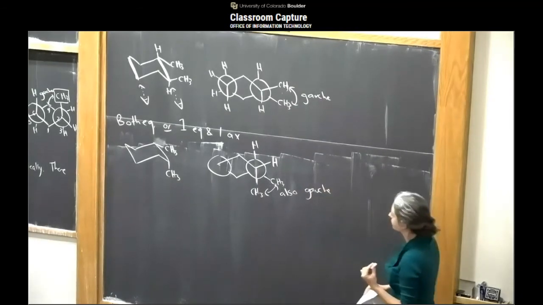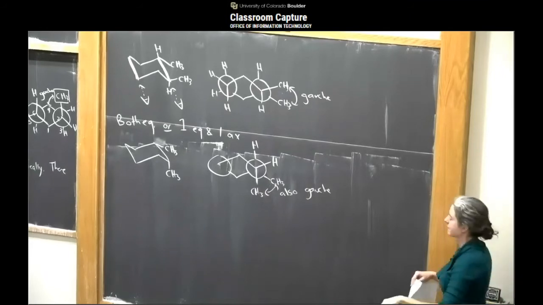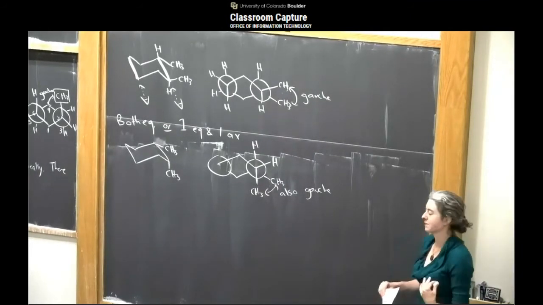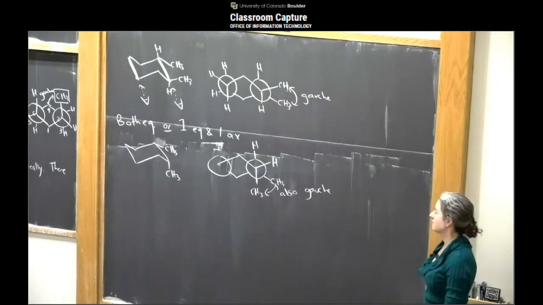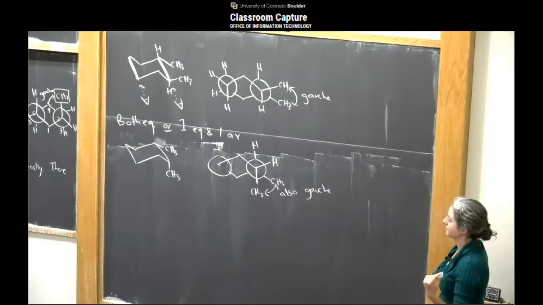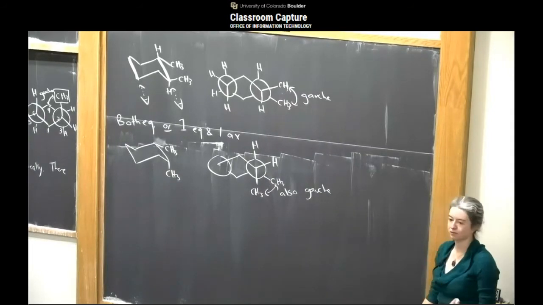So yeah, the only way to avoid adjacent groups having a gauche interaction is having them both be axial in opposite directions, which then raises more problems because now they each have their own gauche interactions with parts of the ring. So sometimes there's no way to get to a zero energy conformation in these things. It's just trying to minimize the number of gauche interactions.